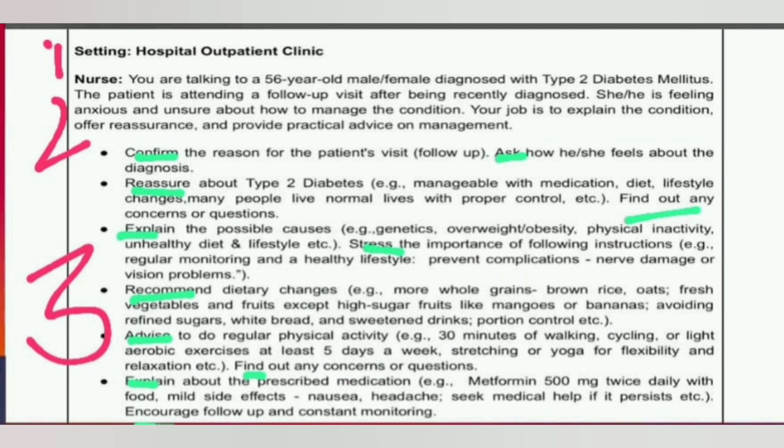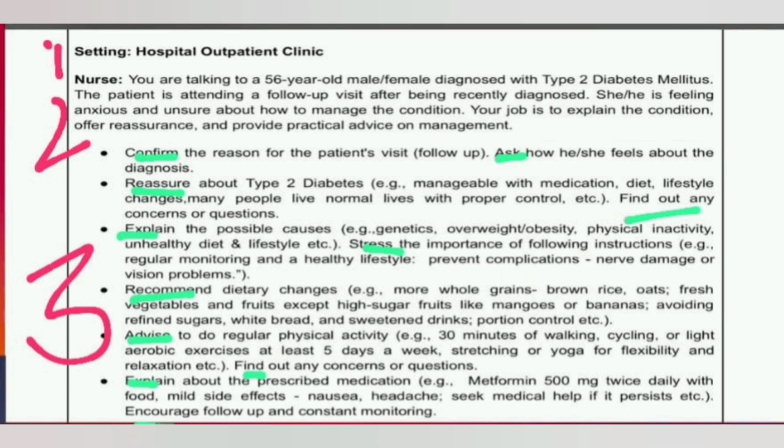stress the importance of following instruction, example, regular monitoring and a healthy lifestyle, that prevent complications like nerve damage and vision problem. Okay. So we can start as a nurse. Well, in that case, I would like to tell you some instruction that is very imperative for you regarding your diagnosis.